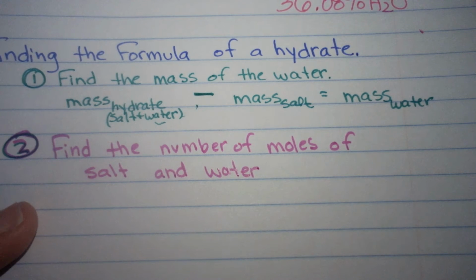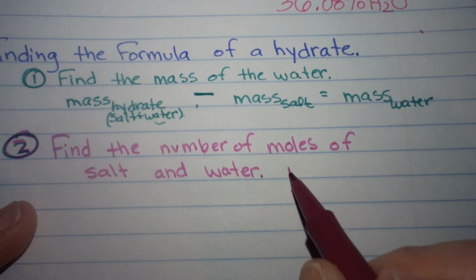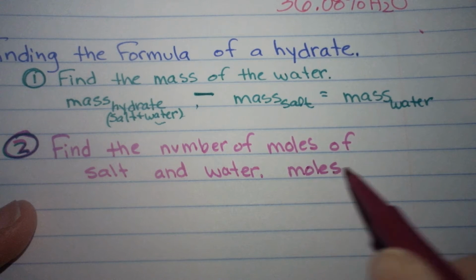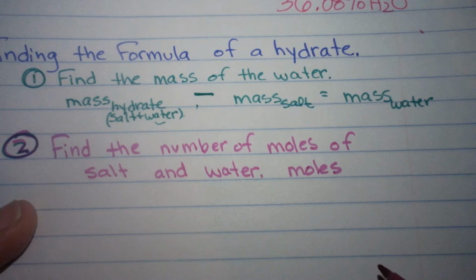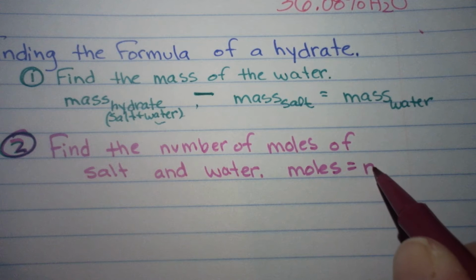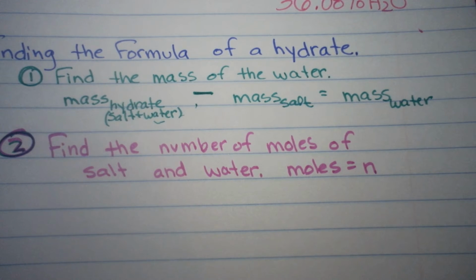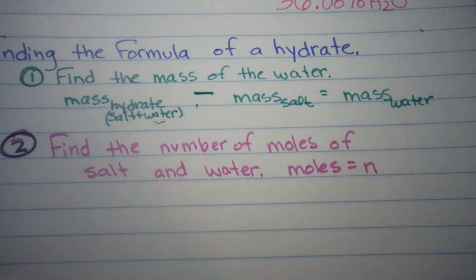So find the number of moles of salt and water. I just want to remind you that in equations, particularly on CK12, moles is usually denoted as an N. Just so you know. So we'll keep with that.